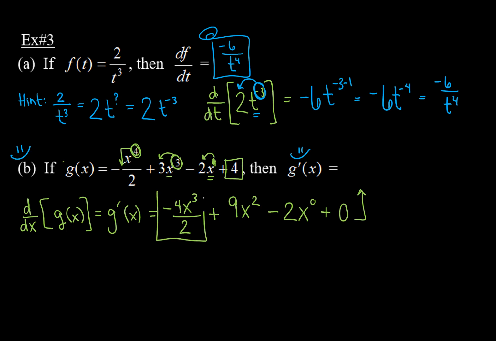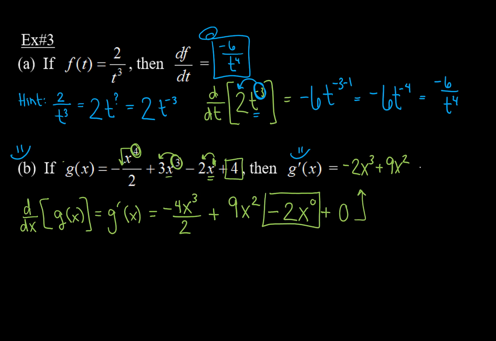So for my first term here, I can simplify the negative 4 and the 2. So that's going to simplify into negative 2x cubed. For my next term, my plus 9x squared can't be simplified any more than that. So that's going to go along for the ride. For the third term, I'm going to simplify that.